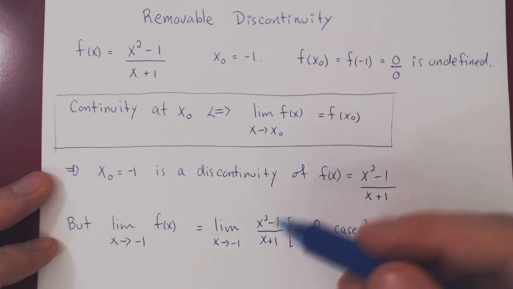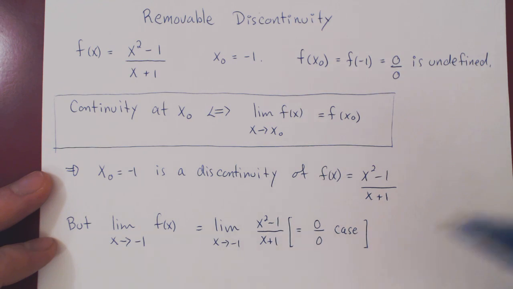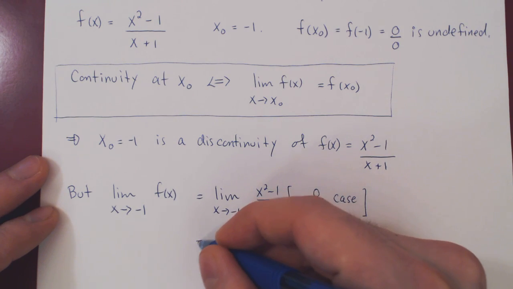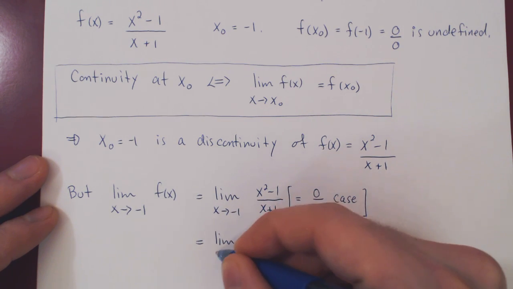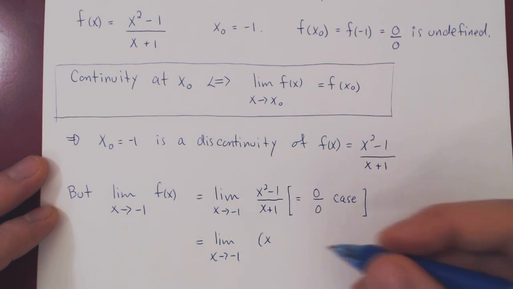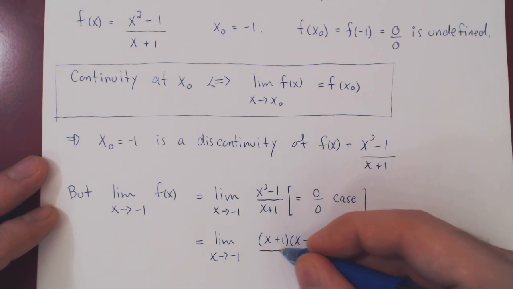But we know that both polynomials are equal to 0 at negative 1, and so x minus negative 1, therefore x plus 1, is a factor of both polynomials. Well, this is trivial here, but we can factor our numerator. And of course, x squared minus 1 factors as x plus 1 times x minus 1.